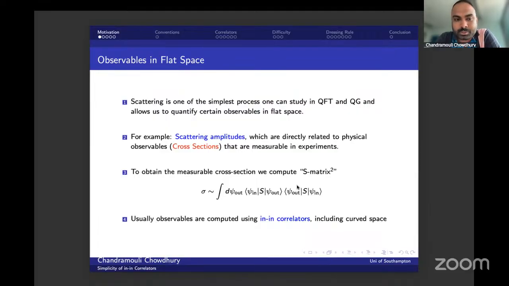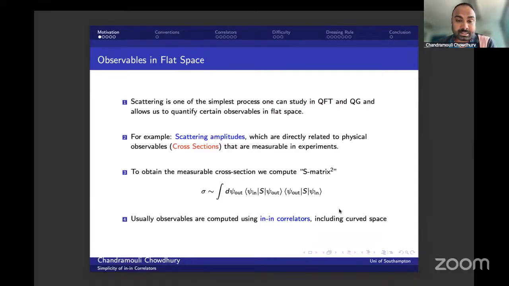When we first do QFT, we learn about scattering amplitudes, which are directly related to physical observables known as cross sections, which you can actually go and measure in experiments. Usually we are taught to first compute the S matrix, and then to compute the cross section, we square the S matrix and perform some phase space integral. That typically has a structure like this.